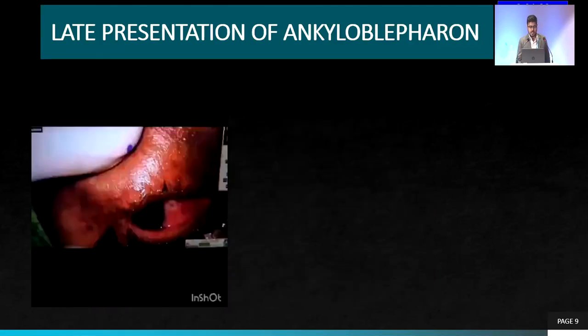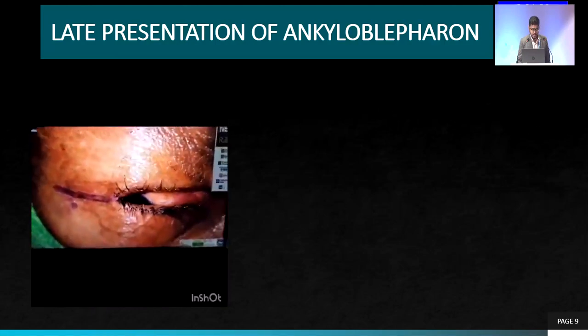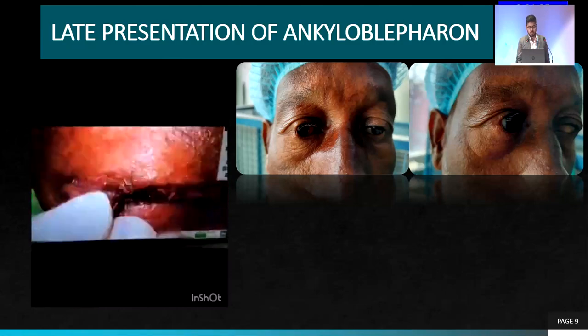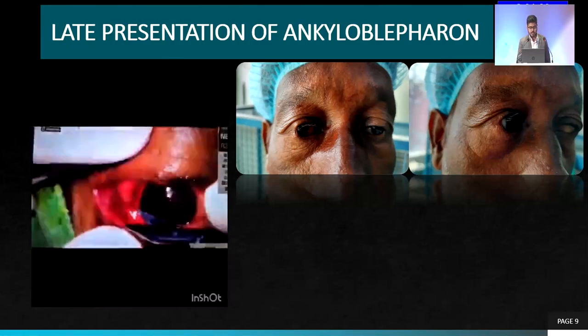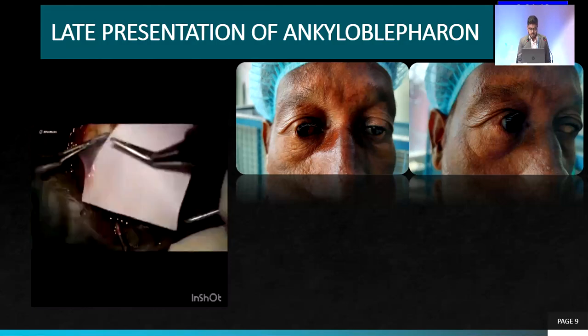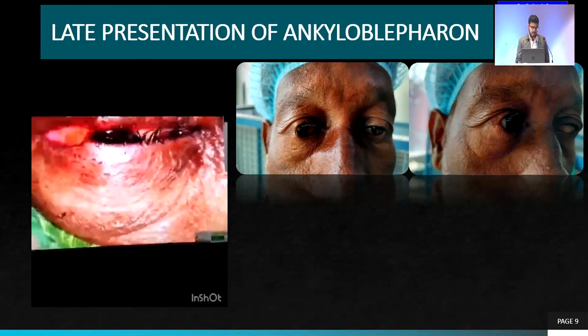The second case is that of a lateral congenital ankylobleph but late presentation. Here's the pre-operative picture of the patient. We did a surgery where the lateral ankylobleph was cut and amniotic membrane graft was placed and sutured.